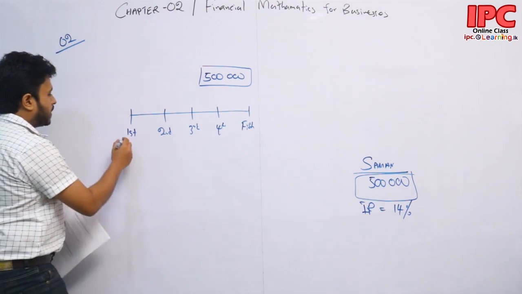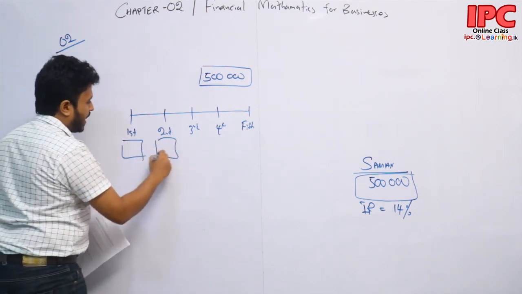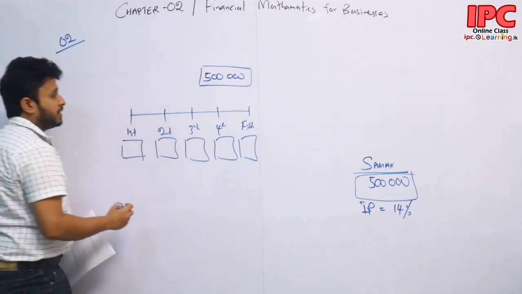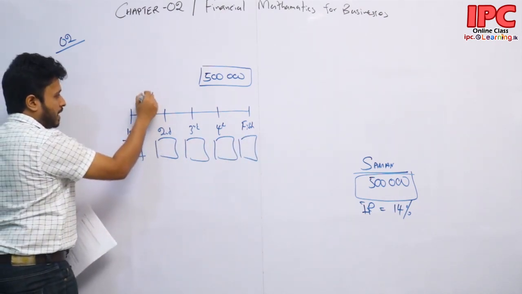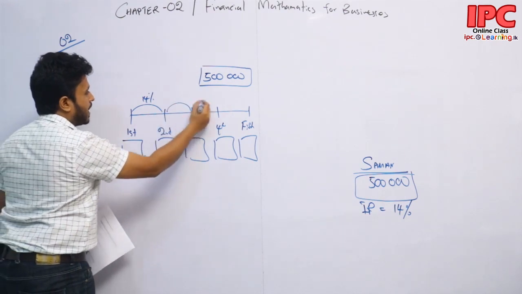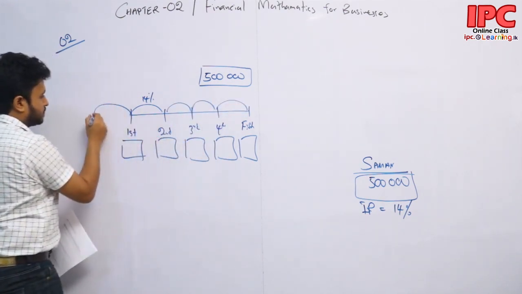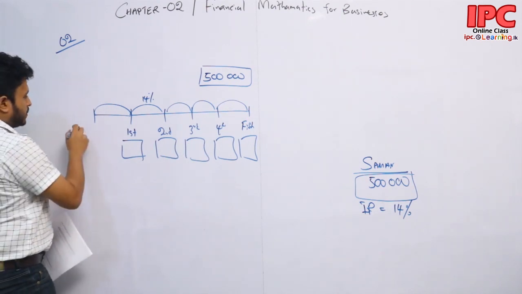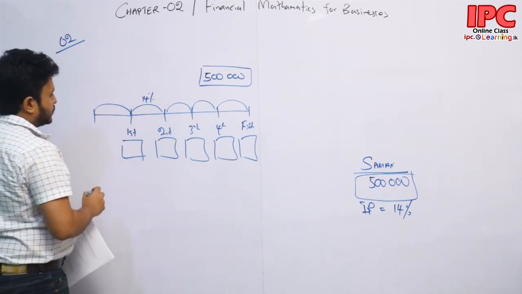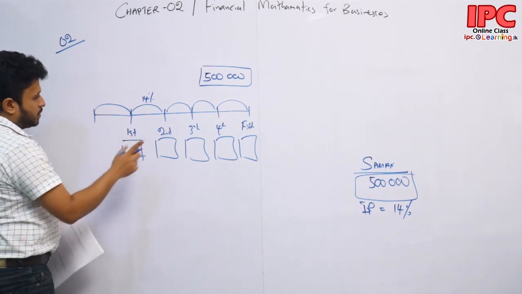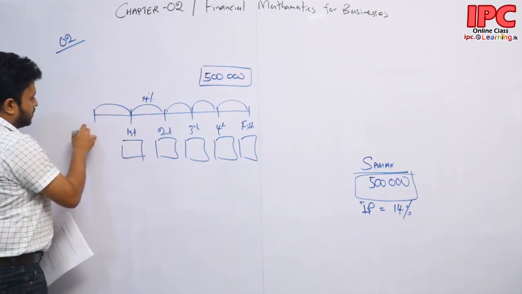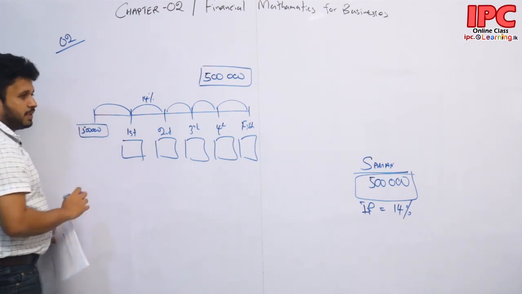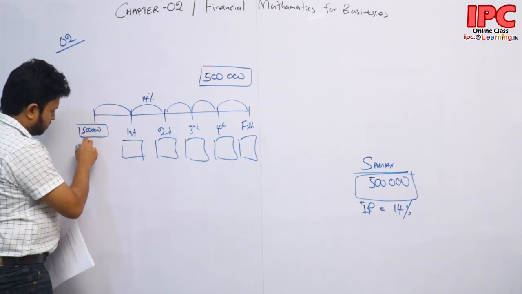So they are asking what is the amount of an installment when the interest rate is 14% and compounded annually. At the end of each year, the installment is paid. At the beginning, they are taking 500,000. This 500,000 is the present value.